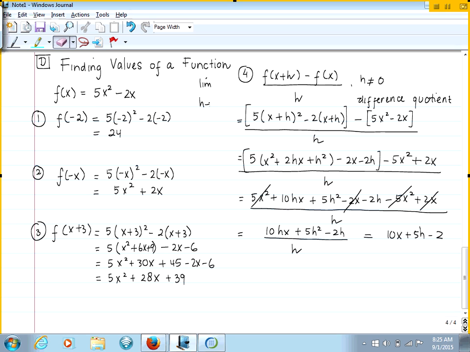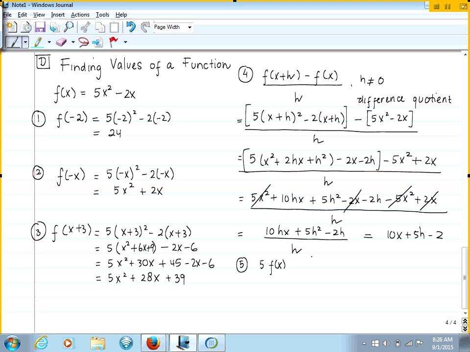So the derivative of this is 10x minus 2. But that's later, so don't worry about it now. We'll just stop here. This is called difference quotient, and we will use it in calculus. All right. Now, number 5.